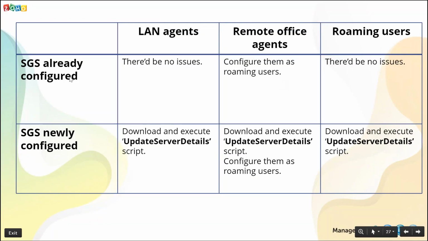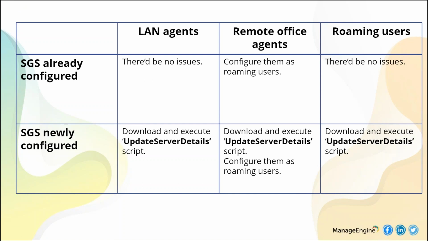We have covered the first part of it if you've already configured Secure Gateway Server. Let's say you are newly configuring Secure Gateway Server. Now in this case, here's what will happen. After the installation and configuration of Secure Gateway Server, if the same public IP address as that of Desktop Central is provided for Secure Gateway Server, there would be no issues in the agent-server communication.